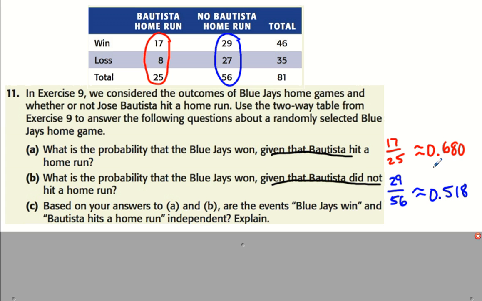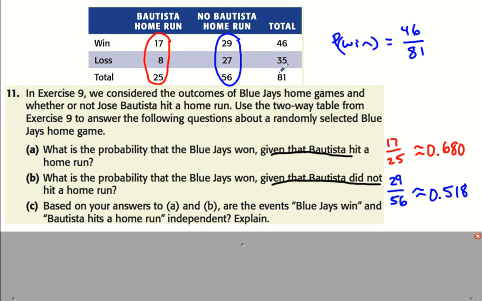If these are independent results, they should be just as likely to win whether or not he hits a home run. So if he hits a home run, or if he doesn't, or if we don't know if he hits a home run, if it's just a win. If I calculate the probability of a win in general, isn't that 46 out of 81?